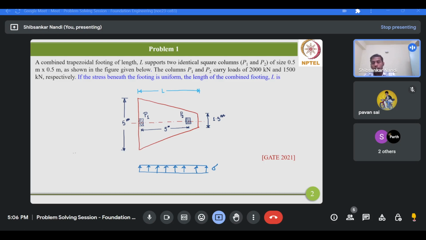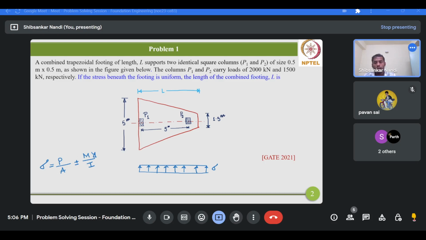Now this sigma can be due to two components. First of all, axial stress, and the second component is due to moment. So axial load divided by the area will give you stress, one component of stress beneath this foundation.